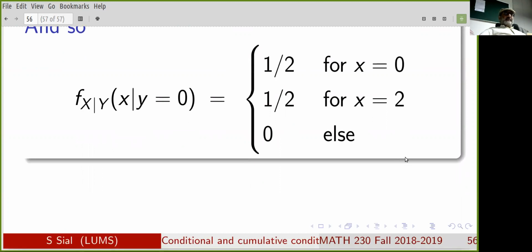Okay, so that covers the conditional PDFs and conditional expectation in the continuous case, and the conditional cumulative PDFs and PMFs.